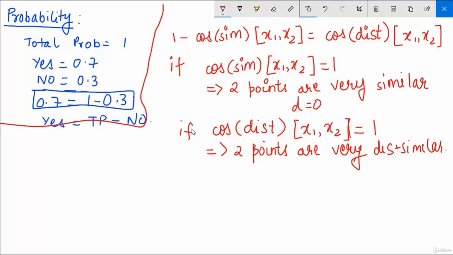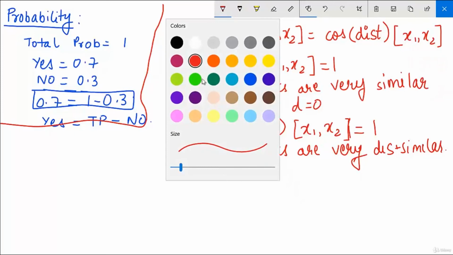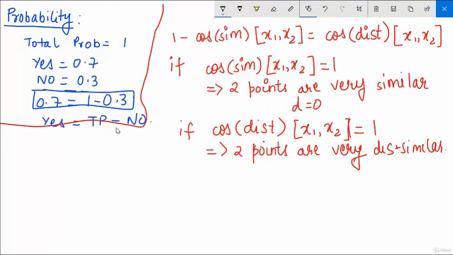Let me try to explain. If I want cos similarity as 1, don't you think it will only happen when cos distance becomes 0? When this becomes 0, you can just shift the minus here and 1 will be here.